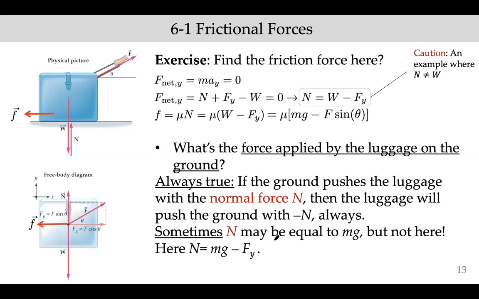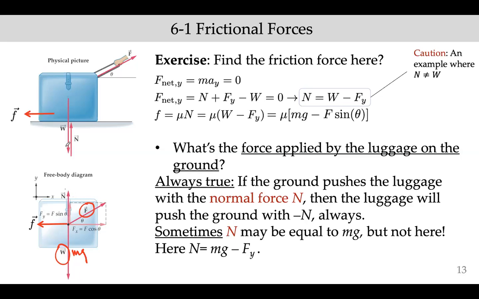Okay, here's another question. So there's this luggage, and it says, find the friction force here. Let's look at the free body diagram. It has the weight, which is mg. There's some external force pulling it in this diagonal direction.